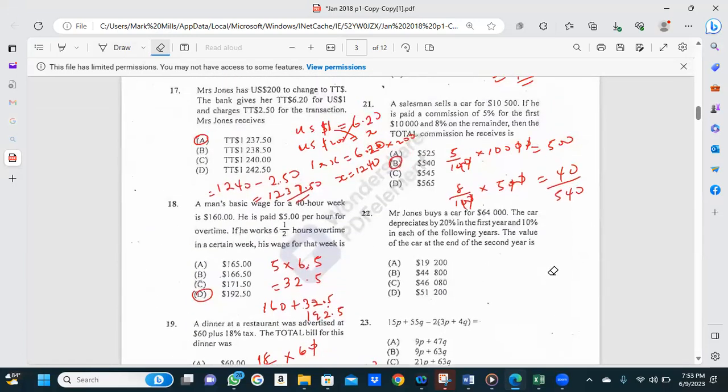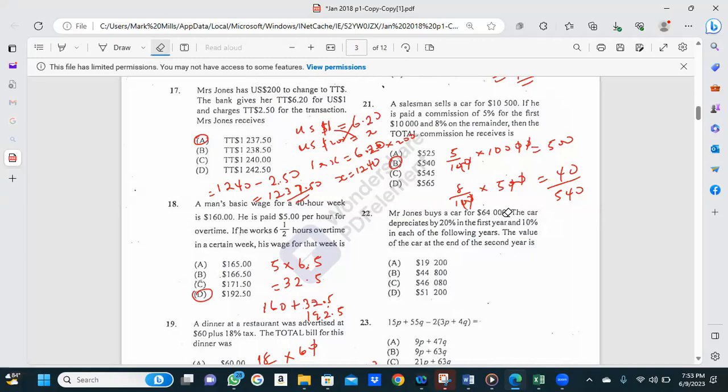Question 22. Mr. Jones buys a car for $64,000. The car depreciates by 20% for the first year and 10% for the following year. The value of the car at the end of the second year would have been, right?